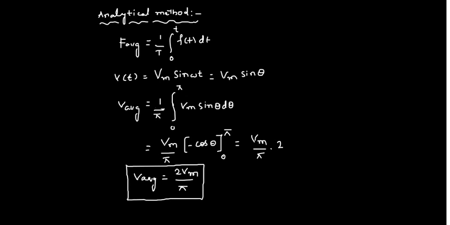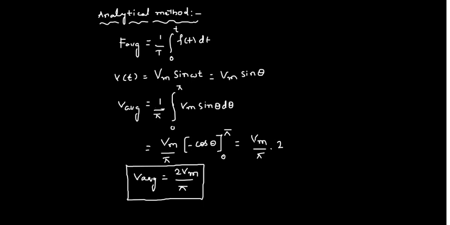This is how we can calculate the average value of any alternating quantity with the mid-ordinate method as well as the analytical method. But the analytical method is most useful for sinusoidal waveform calculations, because a sinusoidal waveform is symmetrical.